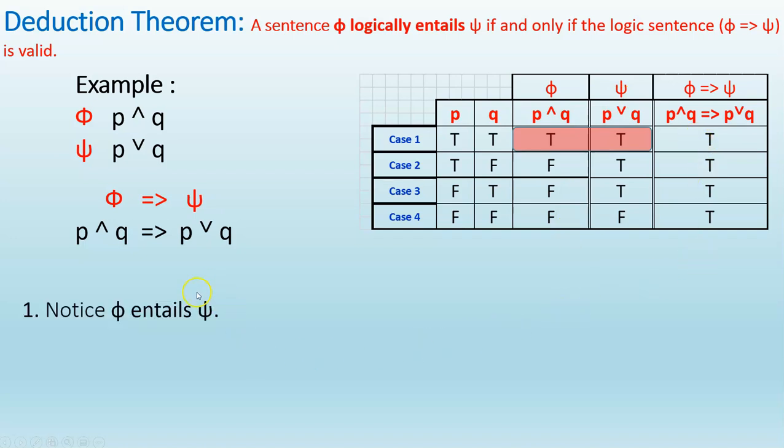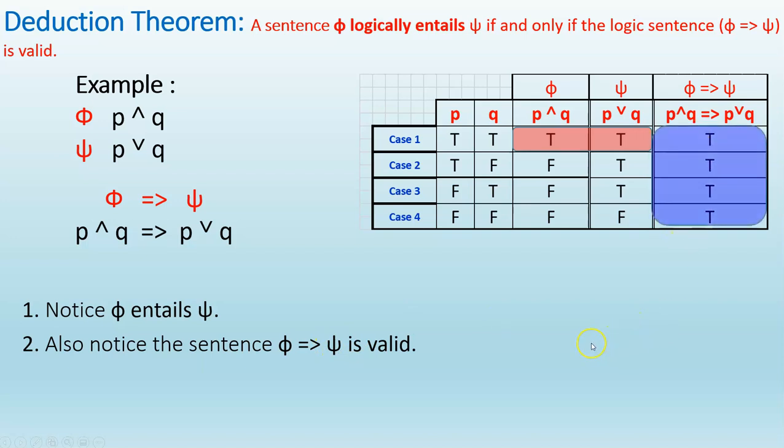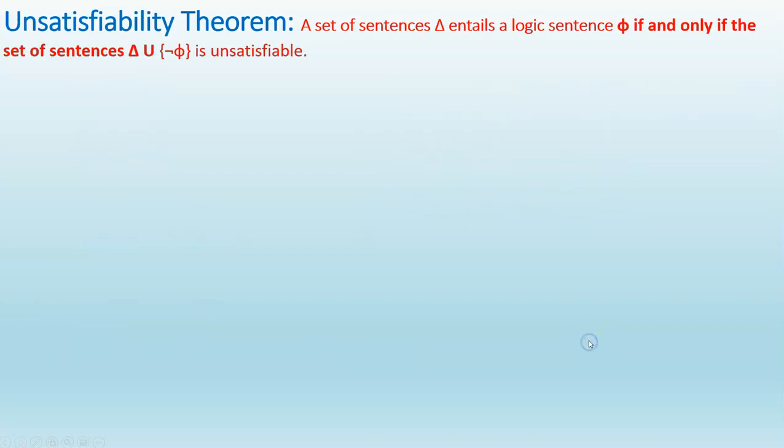So notice that phi entails psi. What do I mean by entails? Every time this is true, that's also true. Also notice that phi implies psi is valid. Yes, it certainly is. That means true for every truth assignment.